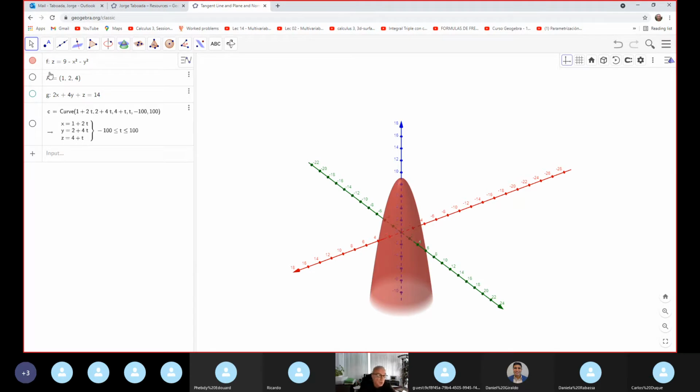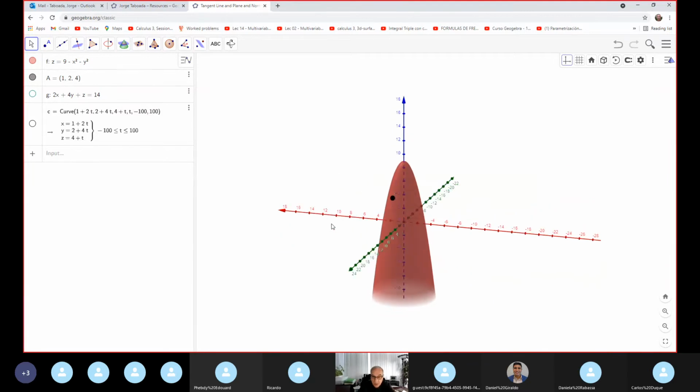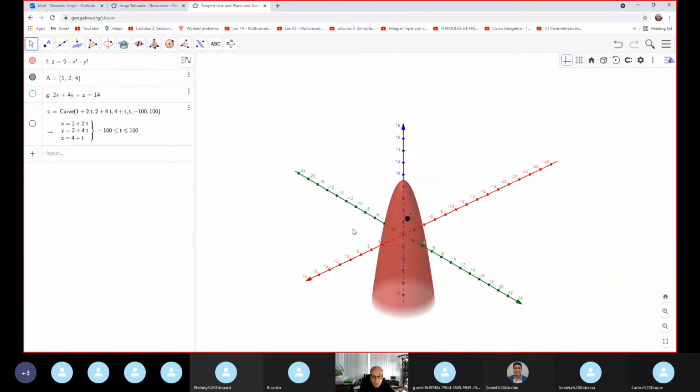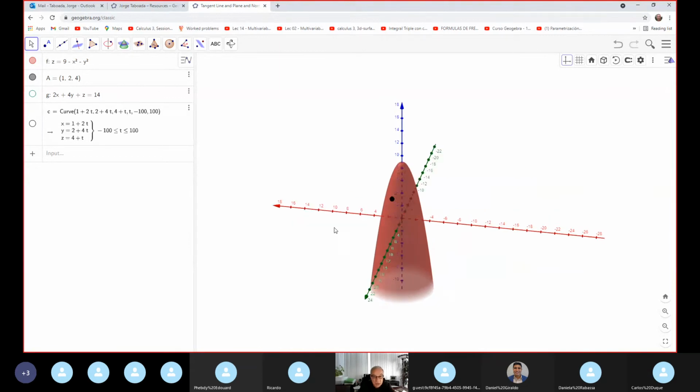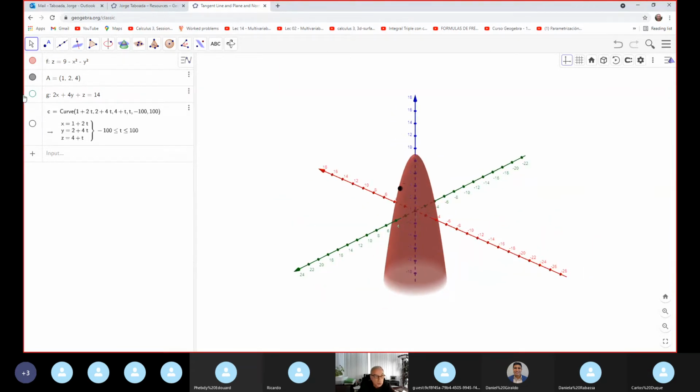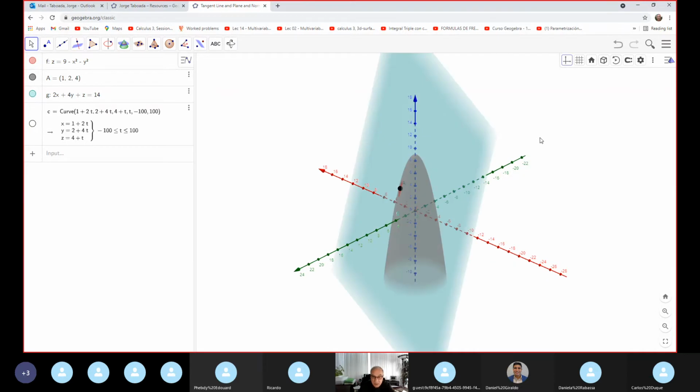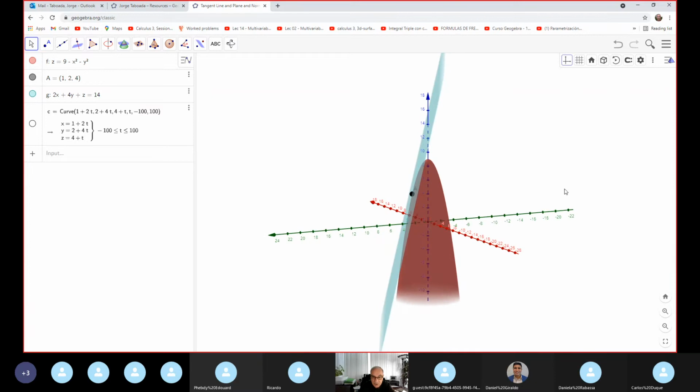Let me plot the point. Boom. The famous point. Look at the black color. The point is the point 1, 2, 4. Good. So I want to investigate the tangent plane at this point. Look. The equation that we found, 2x plus 4y plus z equals 14. Bang. Look at that. It's a tangent plane. Do you see the tangent plane?